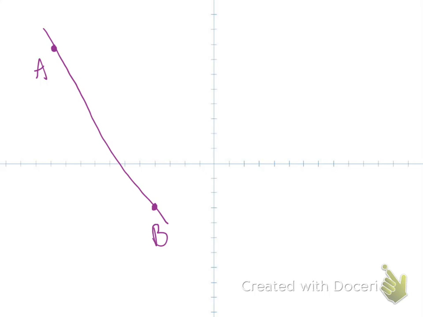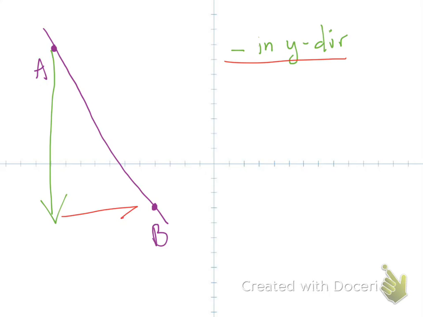Going from A to B, I have to go down. When I go down, that's negative in the y direction. Whoa, that's a terrible spelling of direction. D-I-R. Then when I go to the right, remember, that's positive in the x direction.